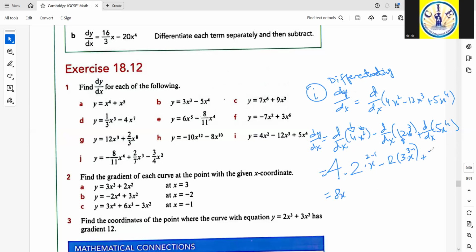Then plus 5 would remain intact, and then d by dx of x raised to the power 4, which I'm going to calculate directly to be 4x^(4 minus 1). So now this was 8x minus 36x raised to power 2, and then 20x cubed. That is the answer.